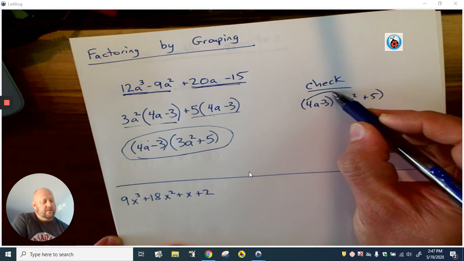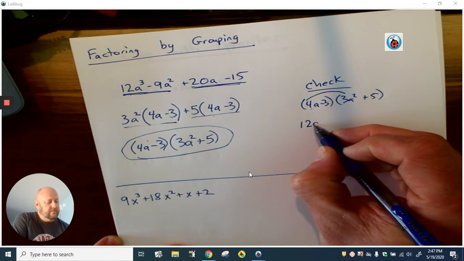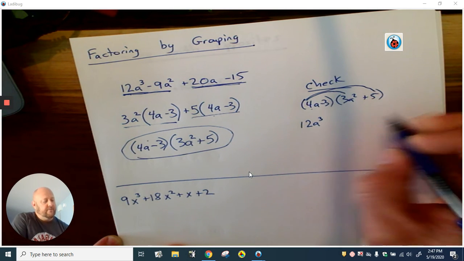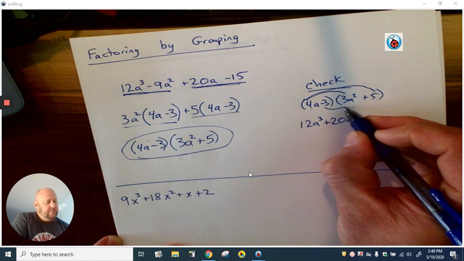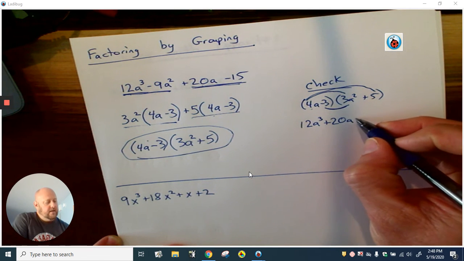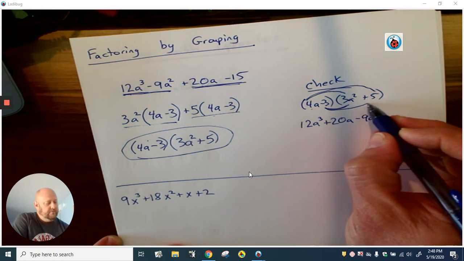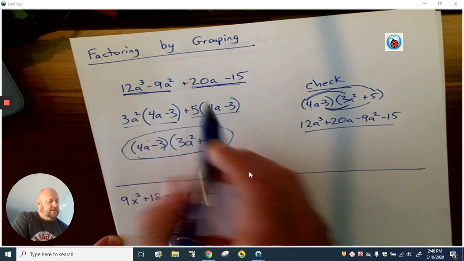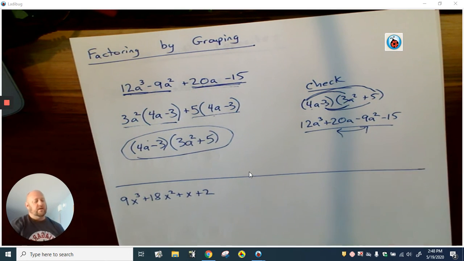Foil those together. 4a times the 3a squared would be 12a to the third. 4a times the 5 would be 20a. The -3 and the 3a squared would be -9a squared. And the -3 and the 5 would be -15. And that is the same thing as that. The only difference is those are backwards, which is okay. Okay?